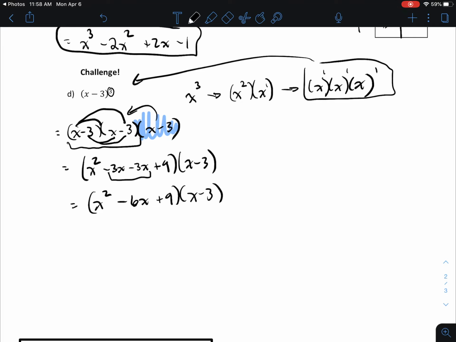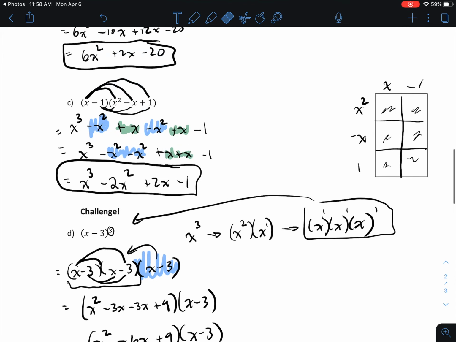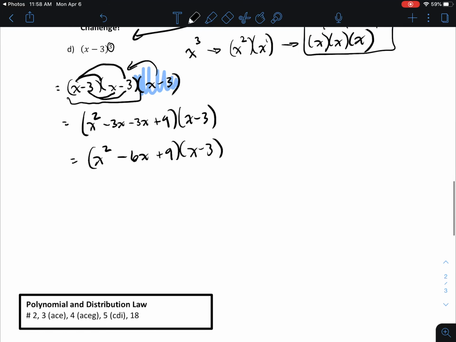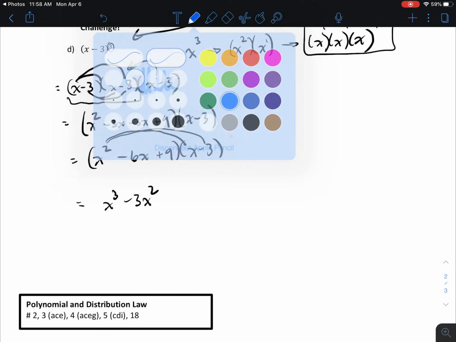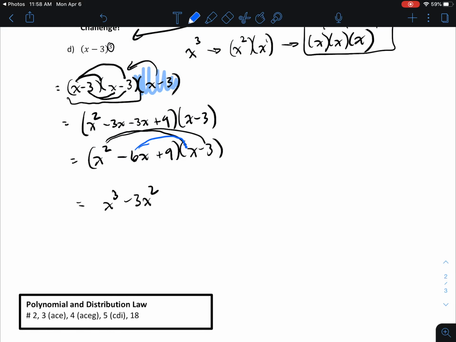Okay, and then I may as well just finish it off at this point. You're going to take each of these terms, right? This is just the exact same thing as this question here, C, just with an extra step, right? So now I'm going to take x squared, multiply it by x, and I need to multiply it by negative 3 as well. So my next line here is going to be x cubed minus 3x squared, and then I got to do the negative 6x times x and negative 6x times negative 3.